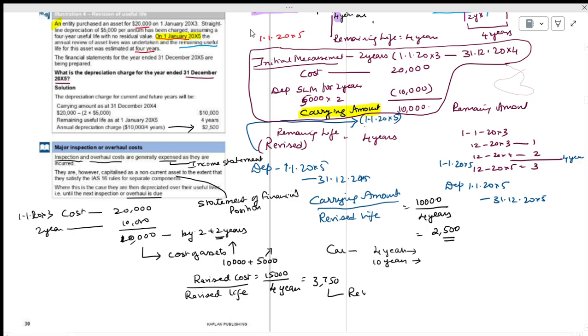Everything will change: they will change the life, they will change the cost, and automatically the depreciation will also change. Are you clear about this?